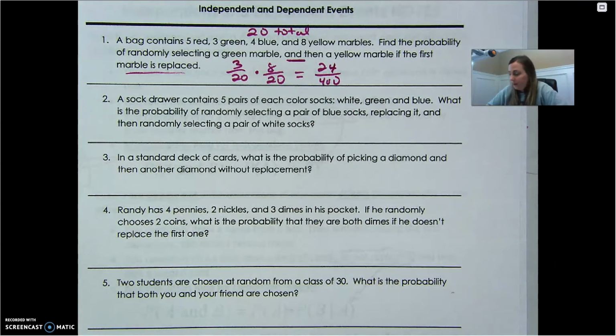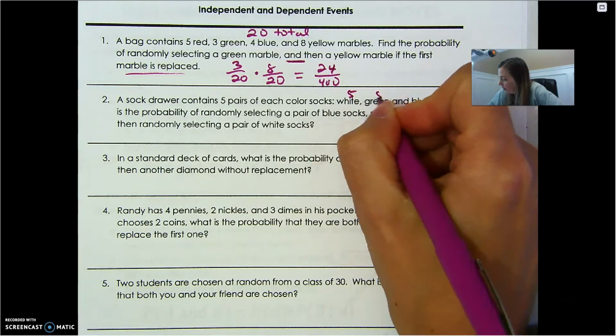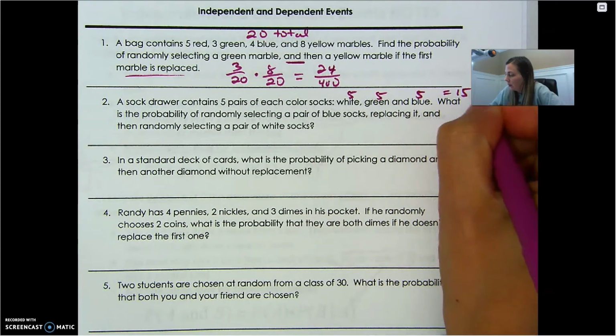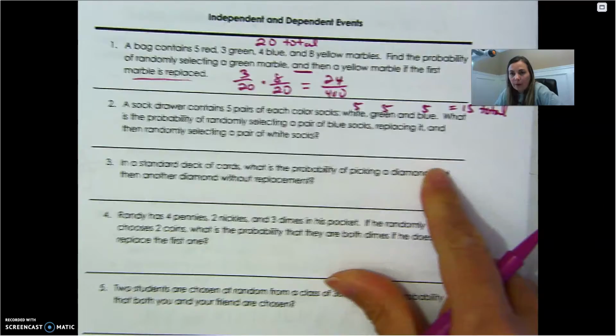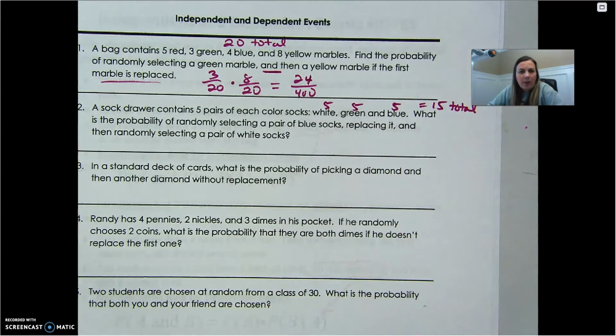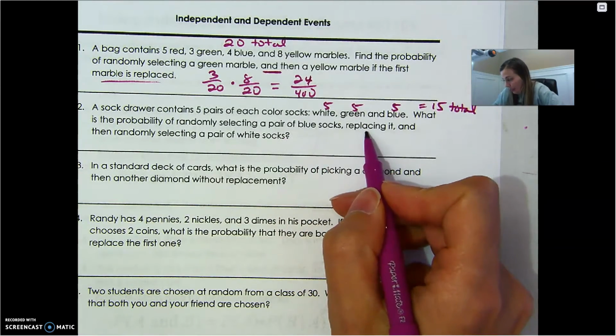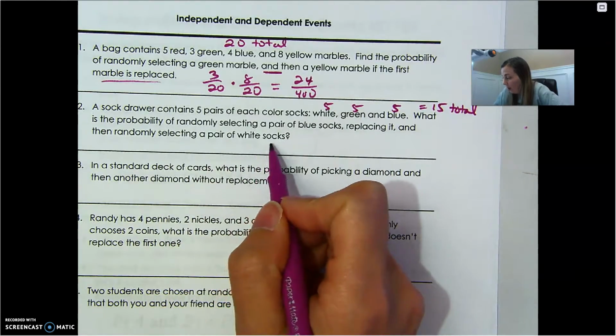All right, number 2. We've got a sock drawer that contains 5 pairs of each color socks. So we have 5 white, 5 green, 5 blue. So there's 15 total socks. All right, we want the probability of randomly selecting a pair of blue socks, replace it, and then select a pair of white socks.